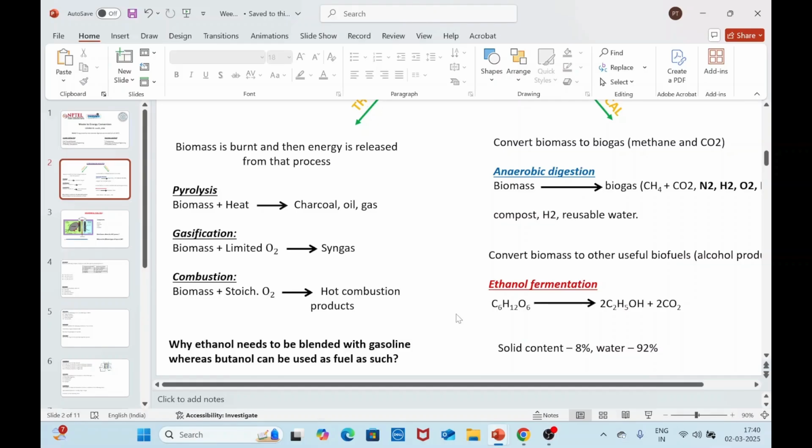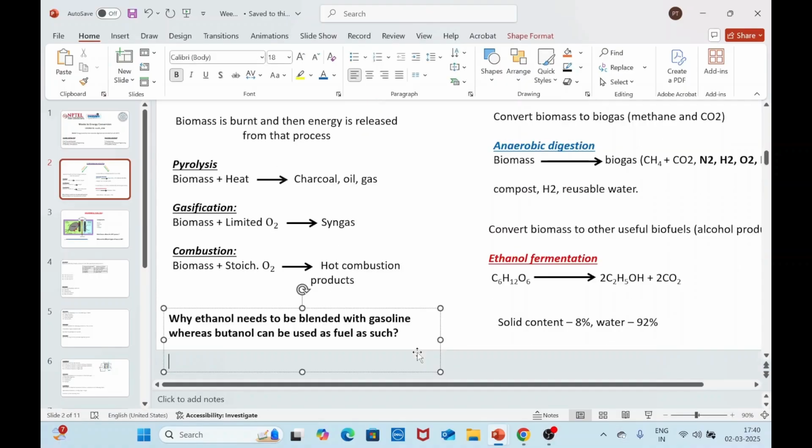Ethanol and butanol, every one of us knows that they can be used as a fuel. But what about the compound that is in between these two alcohols? What about propanol? I'm going to add that also as a question. What about propanol as a fuel?